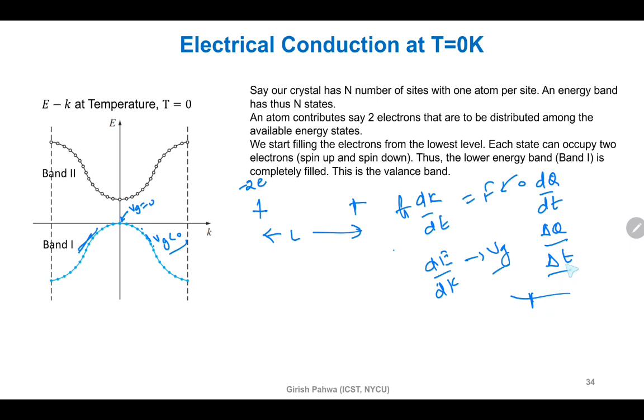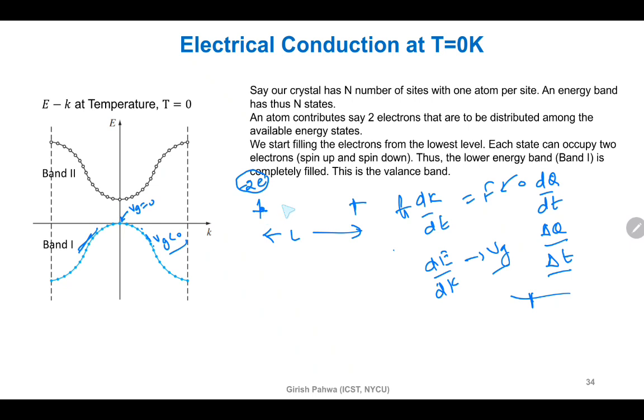Or this will also work. If I have a point and in delta t time, if delta q amount of charge passes through that point, I get some current, which is delta q by delta t. I have 2 electrons. Say I talk about these electrons with positive velocity.